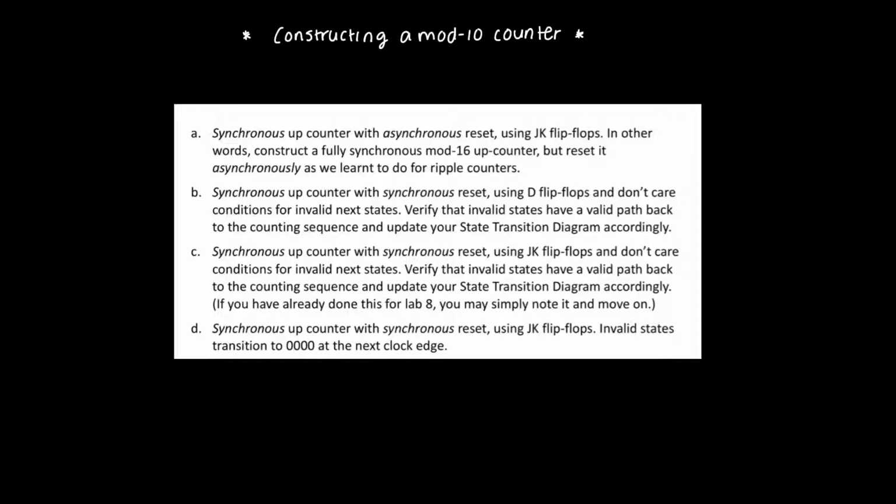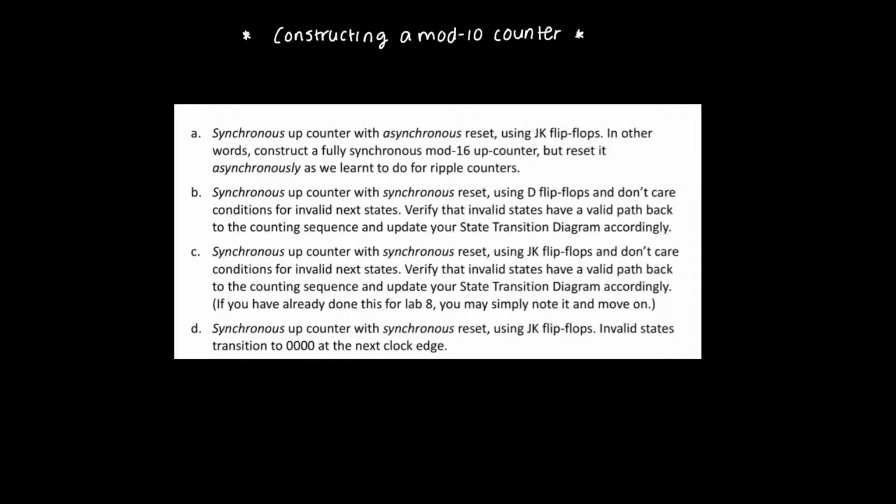If you recall, when we did the asynchronous mod 9 up counter, what we actually did was build an asynchronous mod 16 ripple up counter, which we know how to do. And then we asynchronously reset the counter back to 0 when we reached the first invalid state.